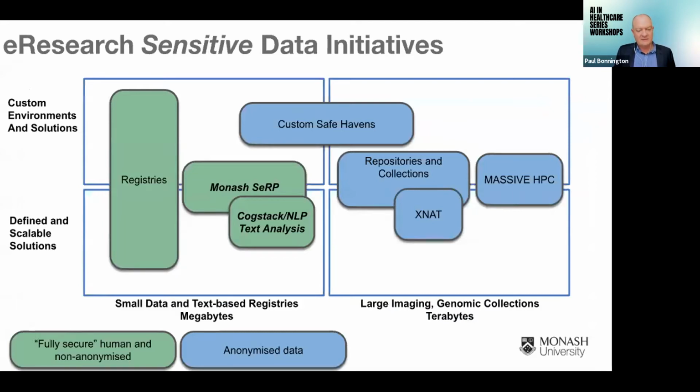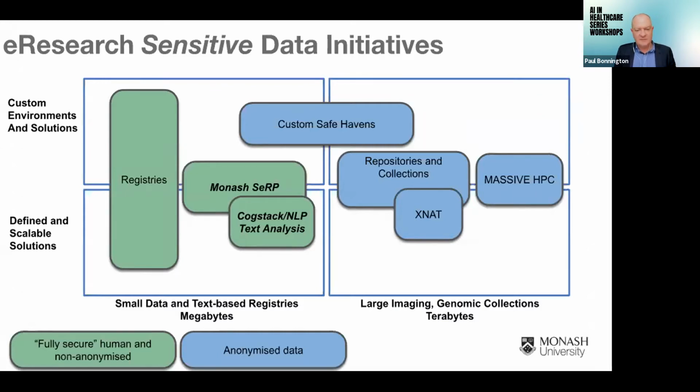There's a need to develop a strategic approach in order to capitalise on technologies that we've recently deployed. And I'm going to talk to you about two of those: the Secure eResearch Platform and CogStack, which is doing AI for free text or natural language processing.